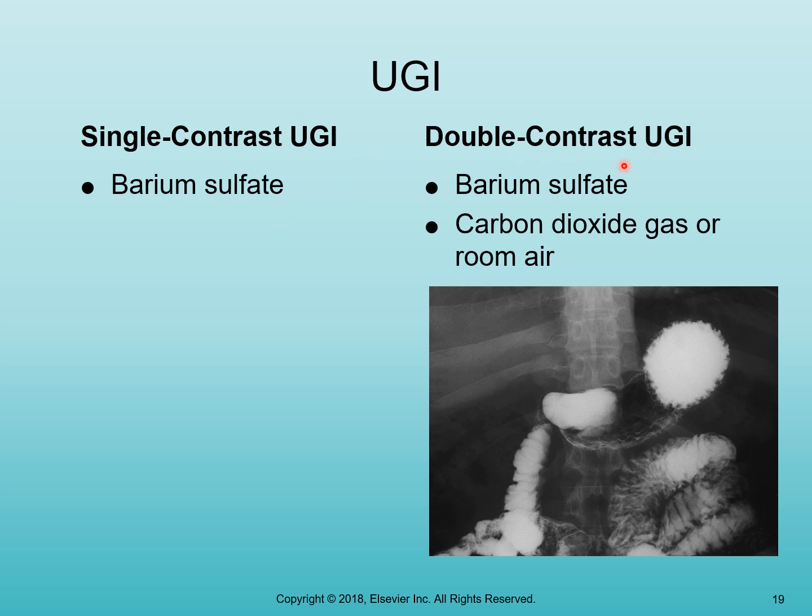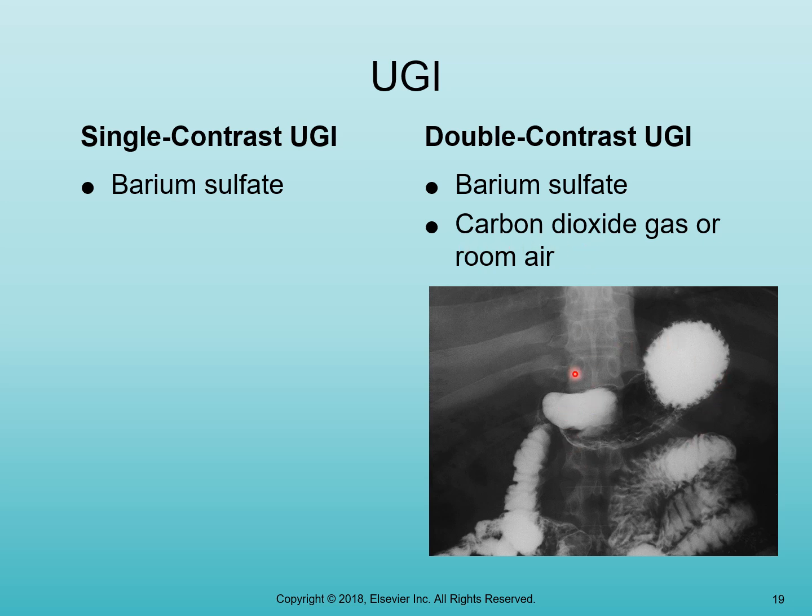For a double contrast upper GI, we have both a positive and a negative contrast media. The positive contrast media could be either barium sulfate or the water-soluble iodinated contrast. Either of those are positive. And then our negative contrast media would be our carbon dioxide crystals or room air.